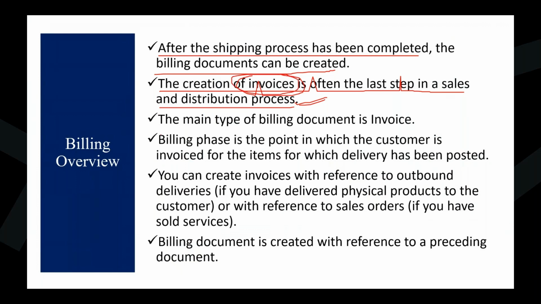The main type of billing document is the invoice. You have other billing documents like credit memo and debit memo, but the main billing document is the invoice. The billing phase is the point at which the customer is invoiced for the items for which delivery has been posted.